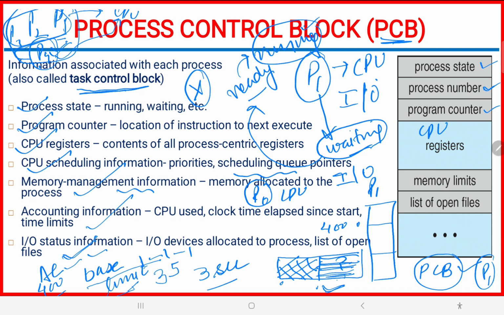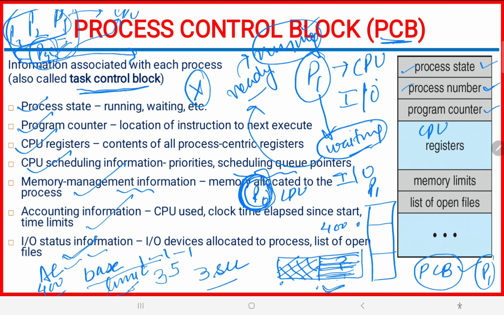In that case, P0 has to immediately leave the control of the CPU so that P4 can take control of the CPU for its execution.